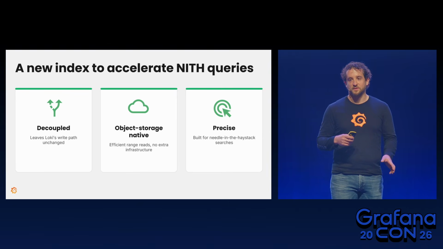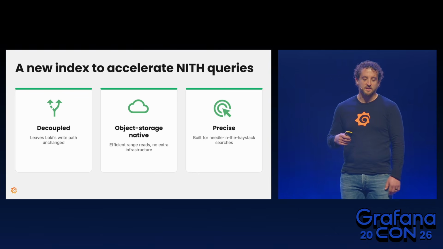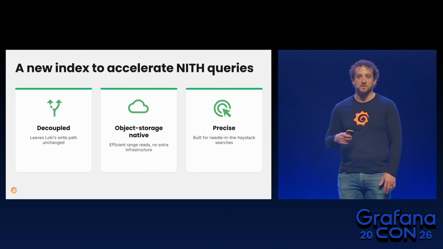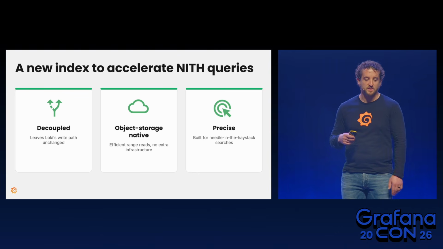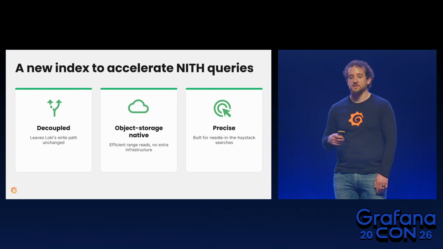That's both great for keeping Loki easy to operate and also allows us to organize data in the indexes in a way that's best for searching, and keep data organized in the primary query engine in a way that's best for all of its operations.